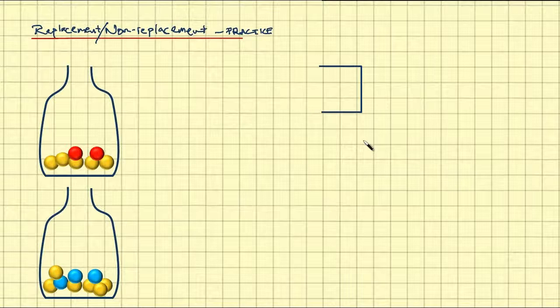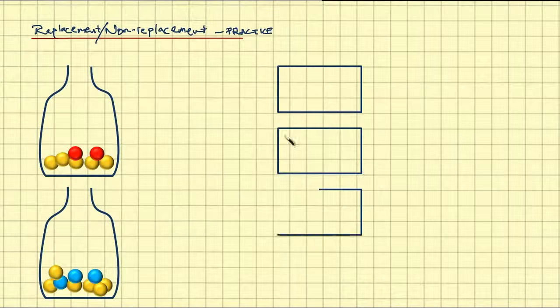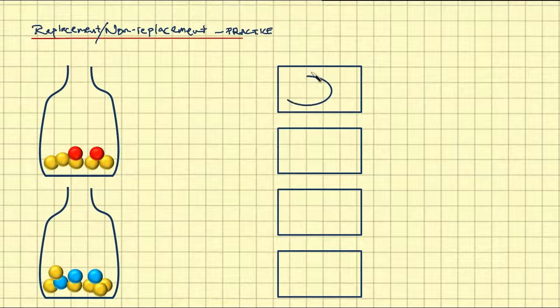Okay, now we're going to draw our Venn diagram skeletons. So first of all we draw our universal set, so the rectangle around the rings, and then 2 overlapping rings in each of these.